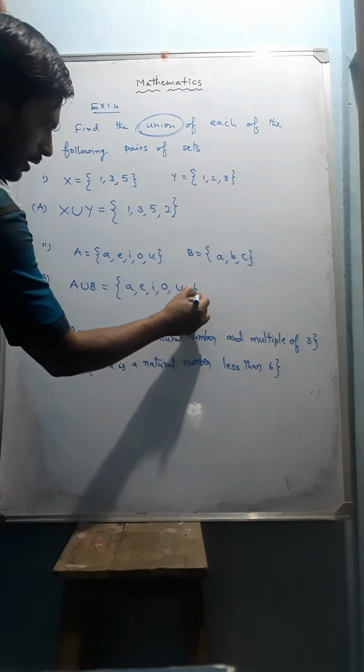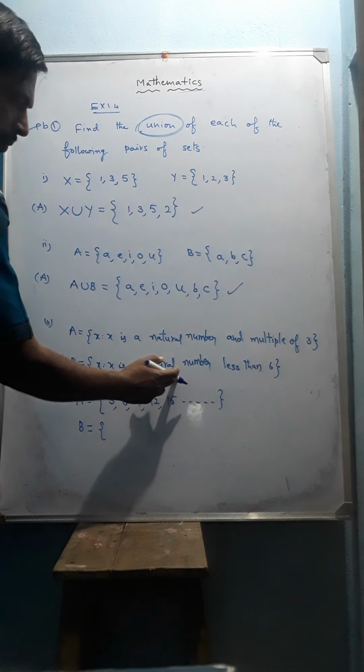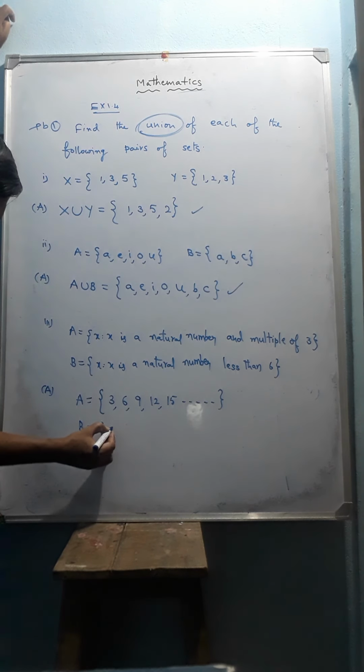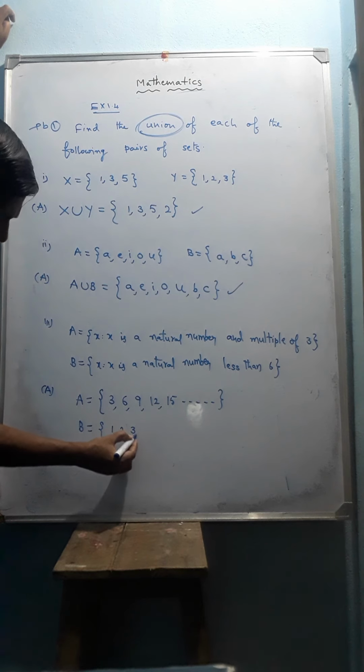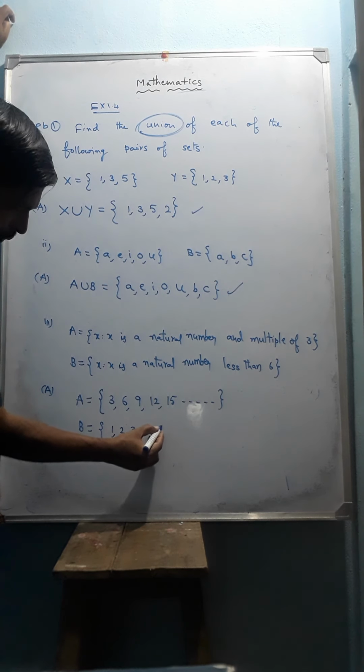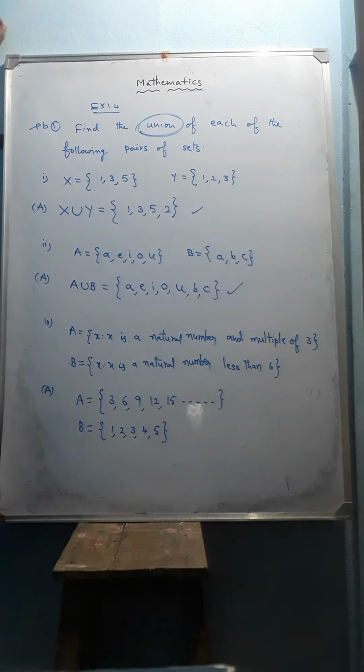So multiple of 3 means 3 ones are 3, 3 twos are 6, 3 threes are 9, 3 fours are 12, 3 fives are 15, and so on. So here, natural numbers and multiples of 3. Next, the B set elements are the set of x is a natural number less than 6. So less than 6 means 1, 2, 3, 4, 5. Okay, 6 will not come.